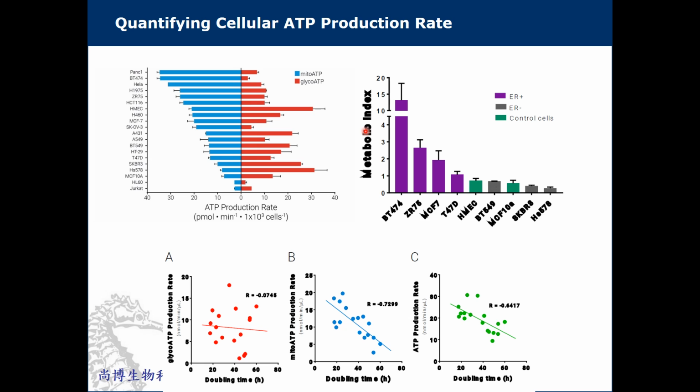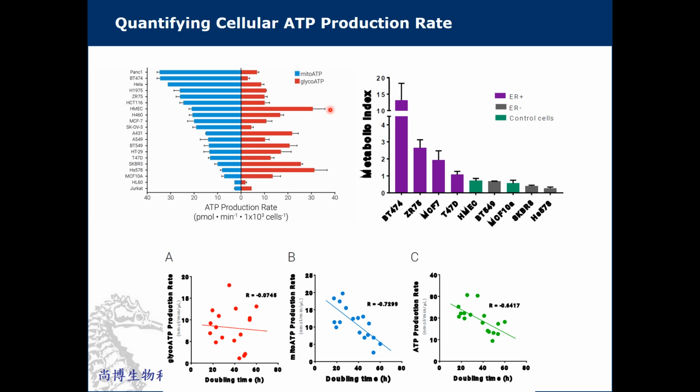By this way, you can classify the cell lines in your lab. You can find the cells with higher mito ATP rate, higher glyco ATP rate, or both very low, or both very high. So if you want to do a certain experiment, you can pick the cell suited for it.